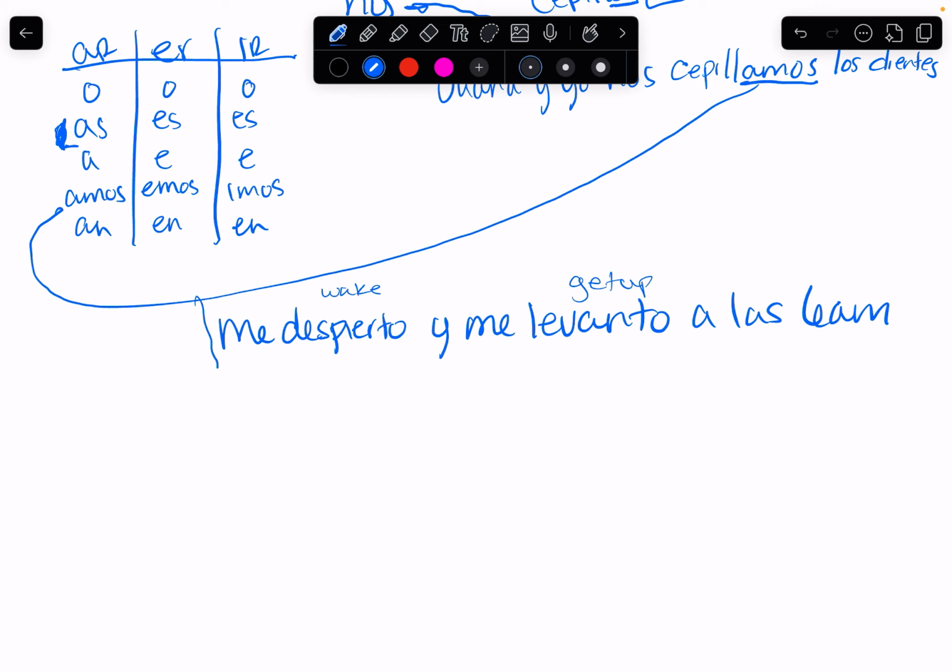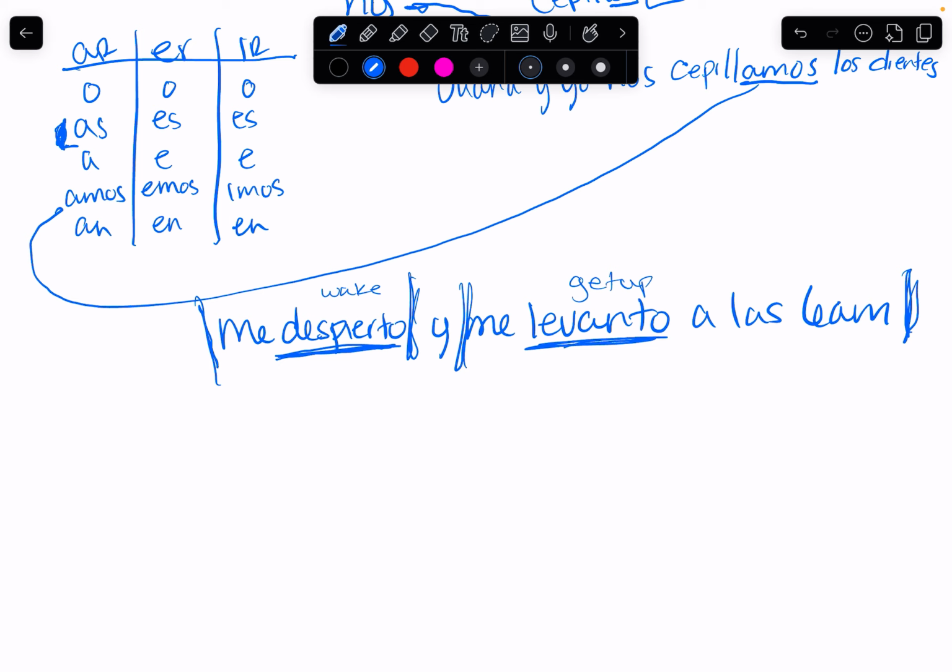Well, that's because technically this is one clause, and then this is another clause. A clause is like it could be a sentence on its own. So because it's two different clauses, each clause deserves or needs a conjugated verb.